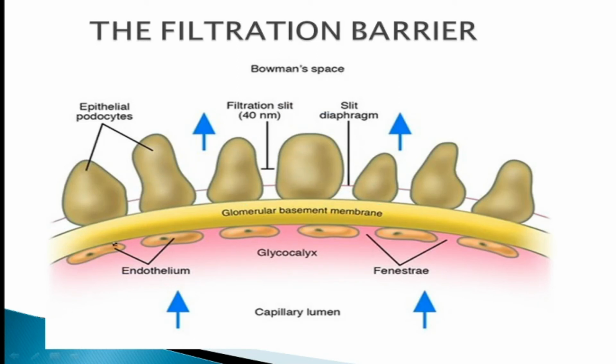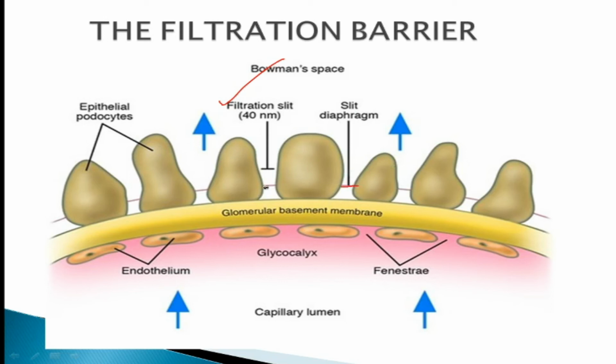So what does it mean? It means that the Bowman's visceral epithelial cells are surrounding the glomerular capillary, and the visceral epithelial cells have long finger-like processes. The processes have a space which is known as the filtration slit. This is the filtration slit. It is about 40 nanometers in size, and the filtration slit is joined together by this diaphragm.